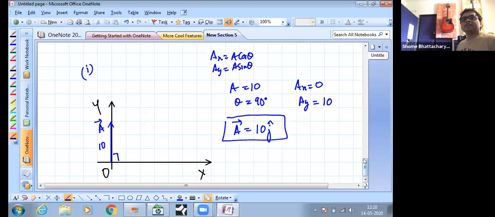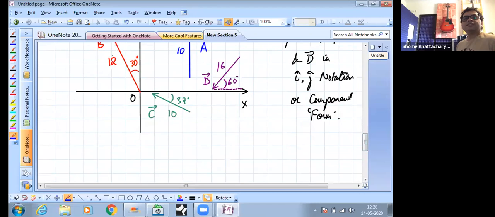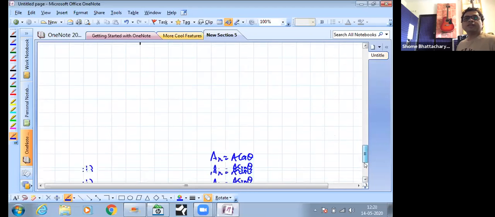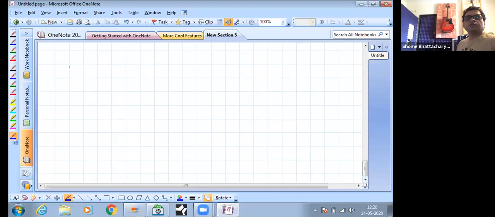Now, the second thing, if you look at the vector B, the vector B is lying in the second quadrant, and most of you are sending me answers where both the components are positive. So how is that logically possible? I've explained so many times that you have to apply trigonometry in 4 quadrants.